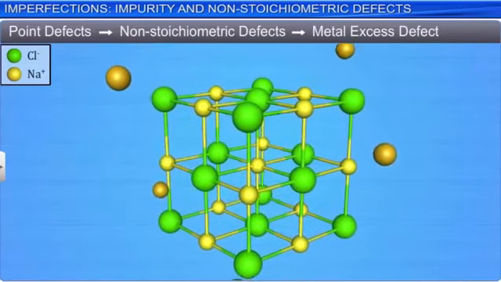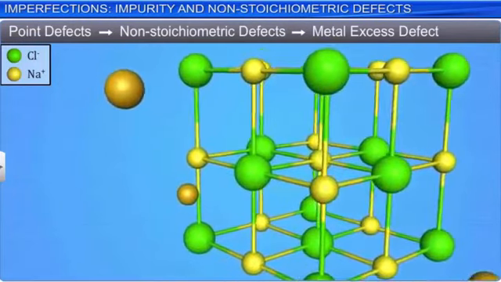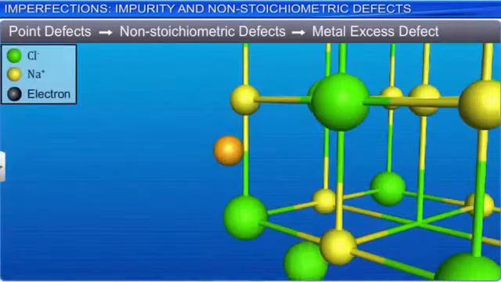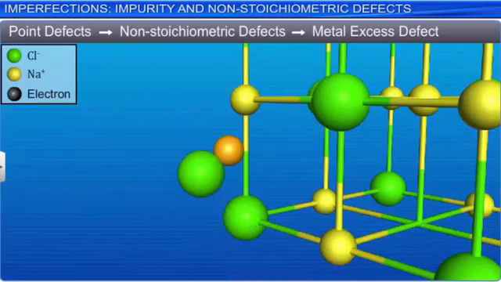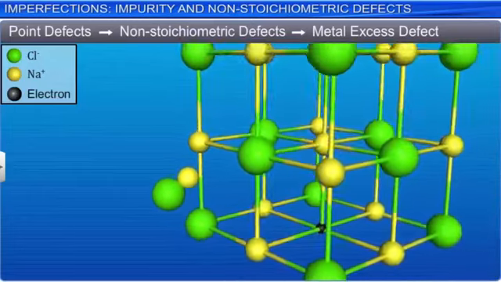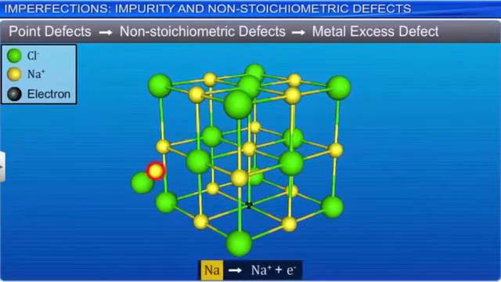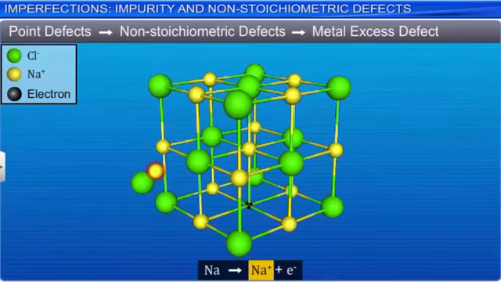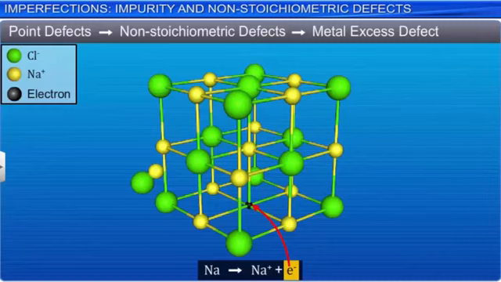The Cl- ions present in the crystal diffuse to the surface and combine with the sodium atoms present there to give sodium chloride. This happens because sodium atoms lose electrons to form sodium ions. The electrons so released diffuse into the crystal and occupy the anionic sites created by the diffusion of the chloride ions. As a result, the crystal now has an excess of sodium ions.